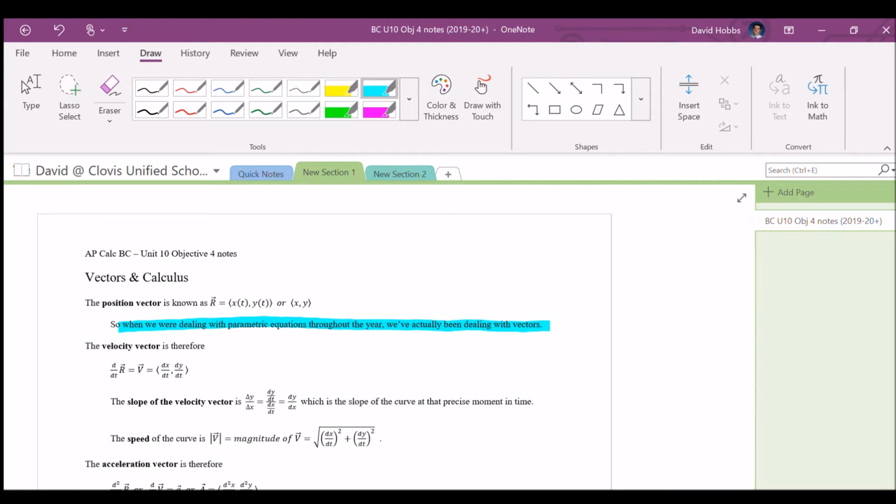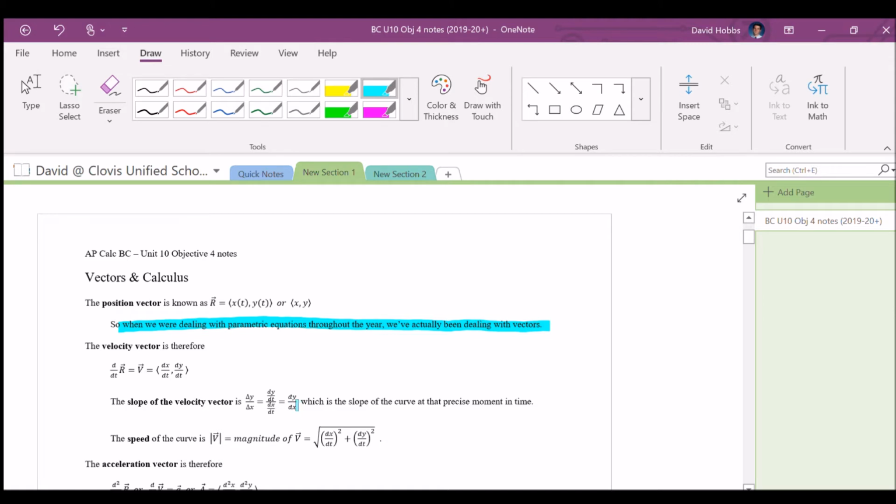The velocity vector is the derivative of the position vector, dx/dt, comma dy/dt. And so if we're doing the slope of the original curve made up by the position vector, the parametric equations, then the slope is dy/dt over dx/dt, coming from the velocity vector, which is dy/dx.